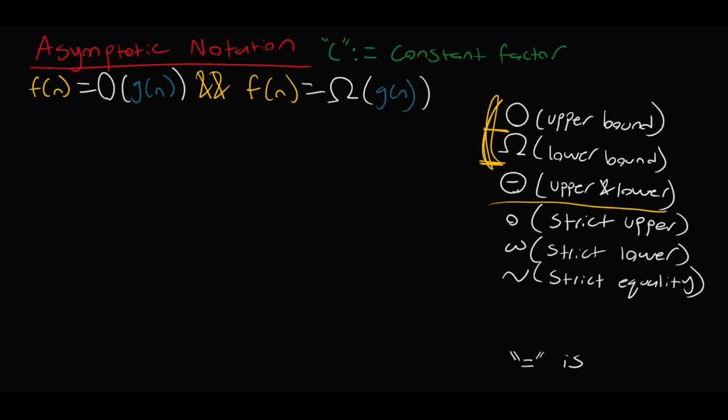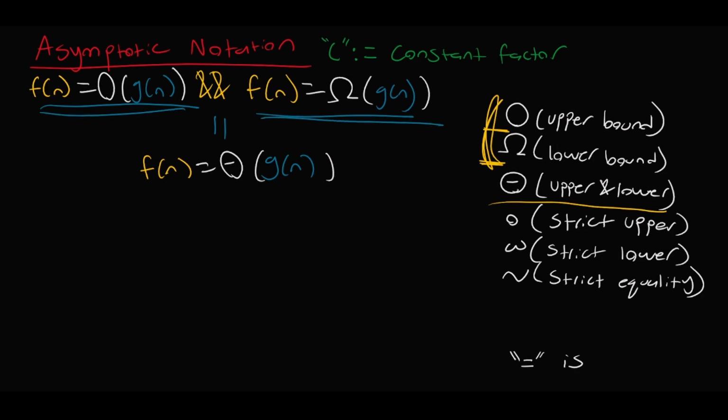So g of n is both the upper bound and the lower bound. This is equal to saying that f of n is equal to theta of g of n. So it's both the upper and the lower bounds.